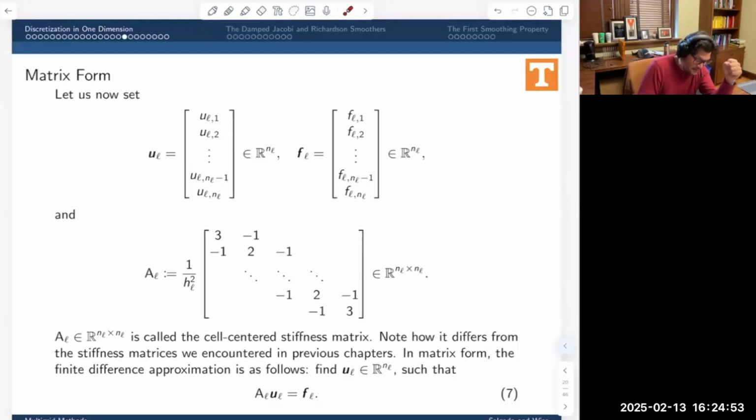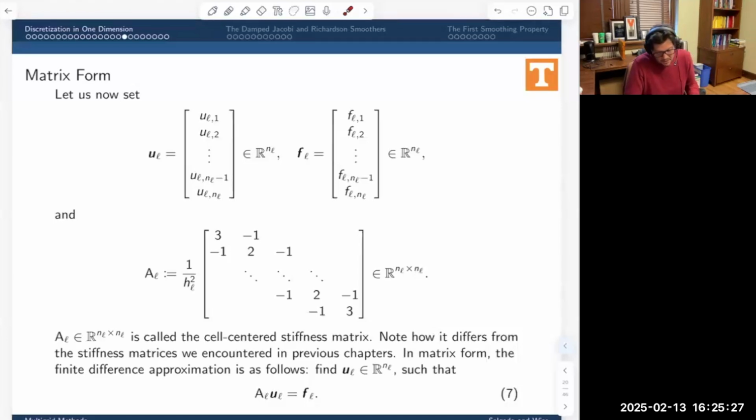So we can gather up the vector of unknowns that we want to solve for. We can call that the U vector, U_L vector. And then we, of course, have a set of known values from the forcing function f, and we're going to gather those into a vector we're going to call F_L, right? And then we're going to use our equations to construct what's called a stiffness matrix. The stiffness matrix in this case is a little bit different than the stiffness matrix that we've encountered in previous chapters.